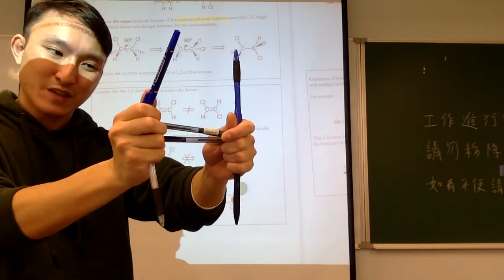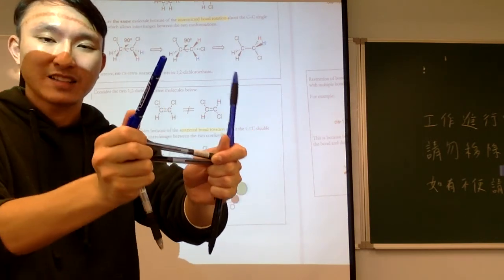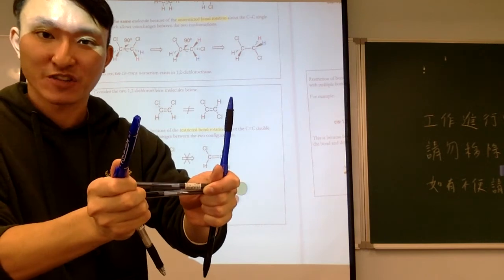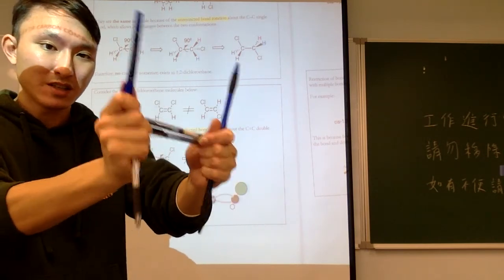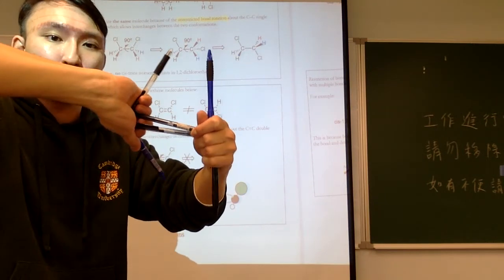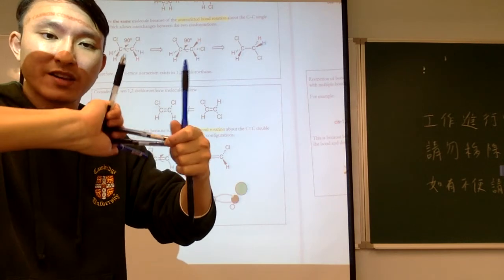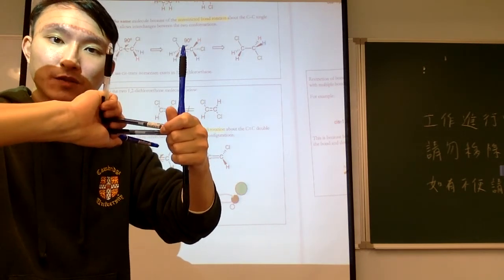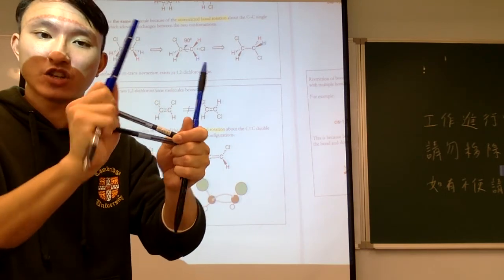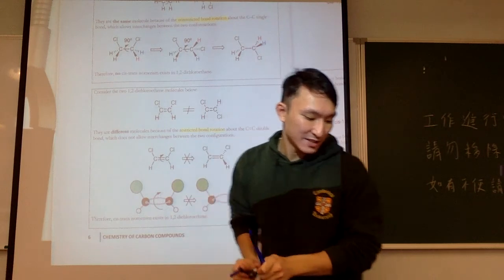But if they have to break the bond in order to change the conformation, then that would be a chemical reaction, something else. So in other words, this one and this one are two different compounds because they are not allowed to interchange from one another, and that is because of the restricted bond rotation due to the C=C double bond. So that's the idea.